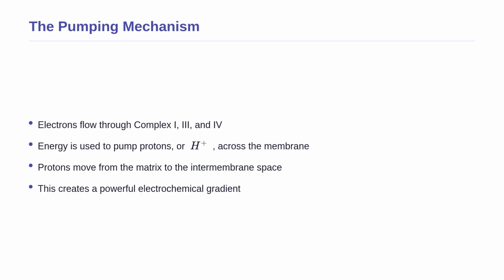Think of this just like pumping water up a hill. By moving protons against their concentration, the cell creates a powerful electrochemical gradient across the inner mitochondrial membrane. This gradient is a form of stored potential energy waiting to be unleashed.